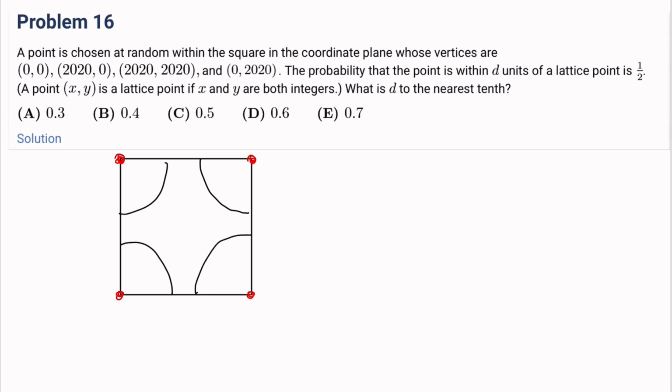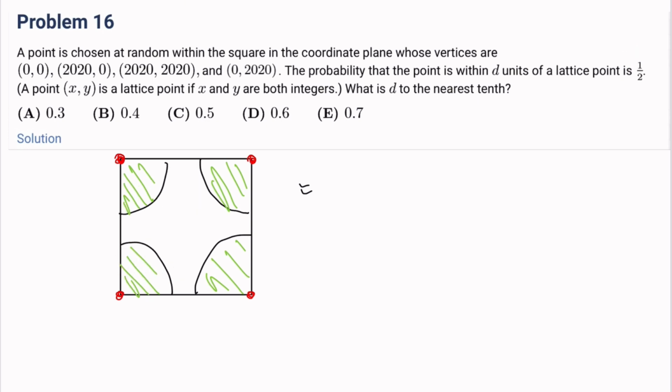If you see, you can add all these up to make one full circle. And we know that this combined area of the circles is 1/2, because that's the probability that the point is within d units, since the full area is 1.